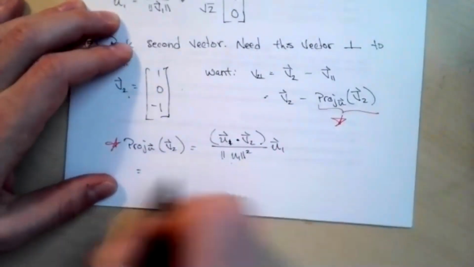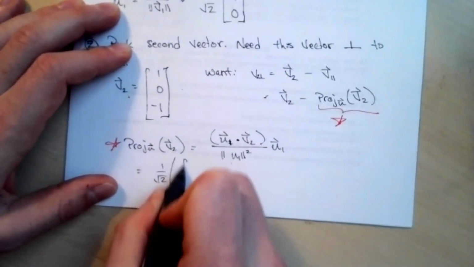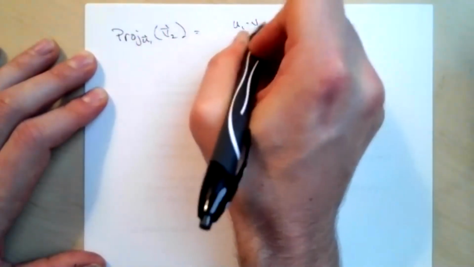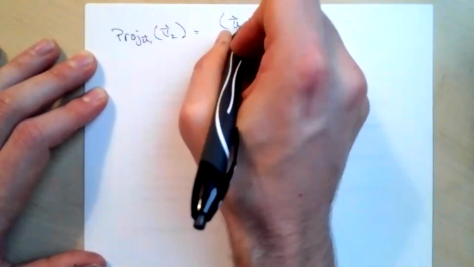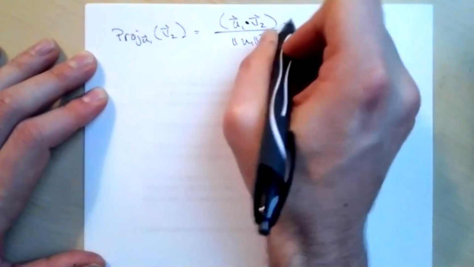So we go ahead and compute with the dot product. I'm going to keep out the 1 over square root of 2. Here, you know what? Let's get a new piece of paper. Linear algebra. I think I've used more scratch paper for this class than any other math class. Calculus problems don't take nearly this much paper. So the projection onto U1 of V2 is U1 dot V2 over the norm of U1 in the direction of U1.